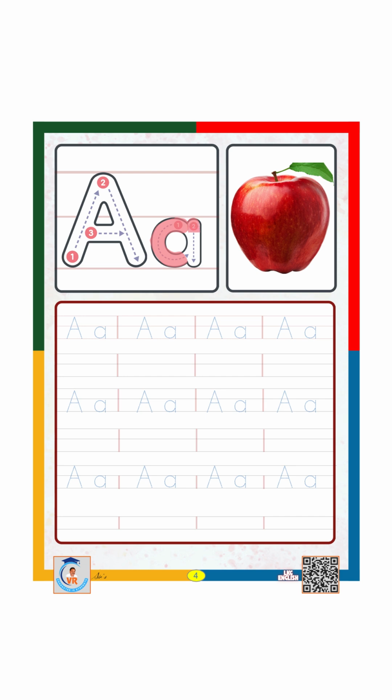Then from 2, join dots up to bottom. This is small a. Look at the letter. It is beautiful. Capital A, small a.